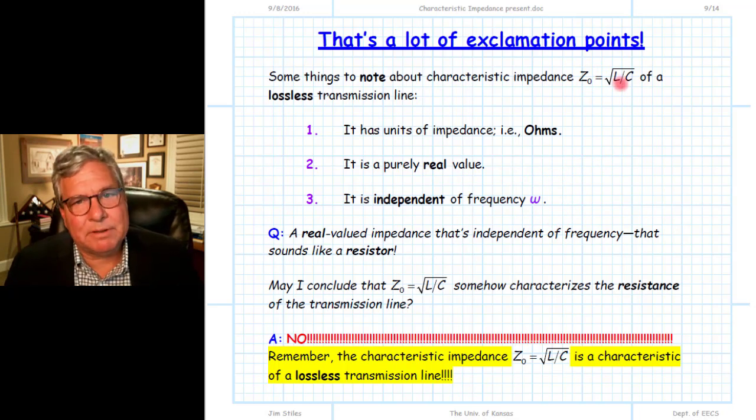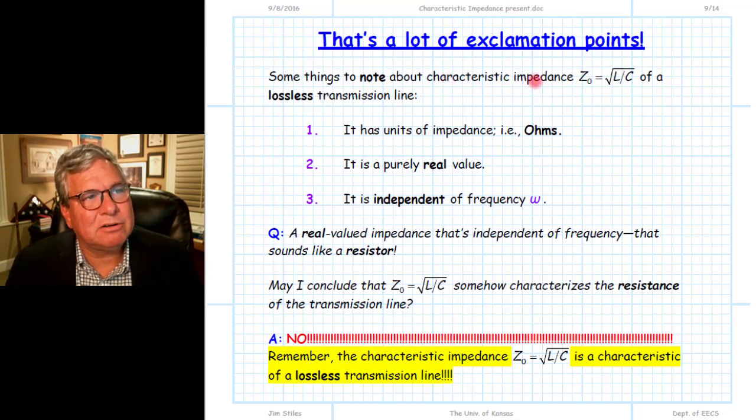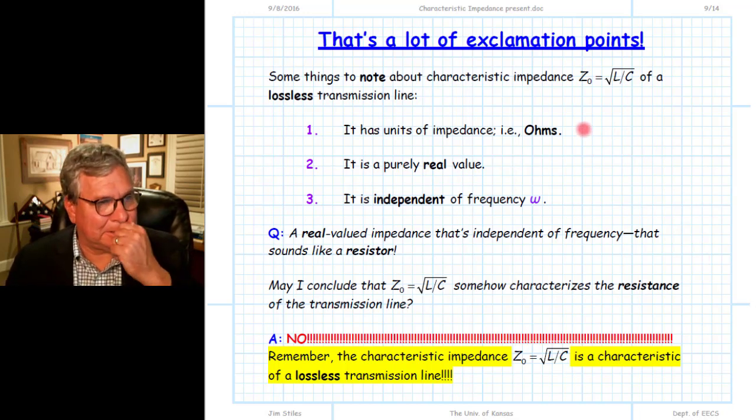Now, here's the problem that we run into with students when you look at this. Gee, an impedance, characteristic impedance, with units of ohms, it's purely real, and it's independent of frequency. Gosh, that sounds exactly like a resistor. A resistor has units of ohms. Its device parameter is in units of ohms.